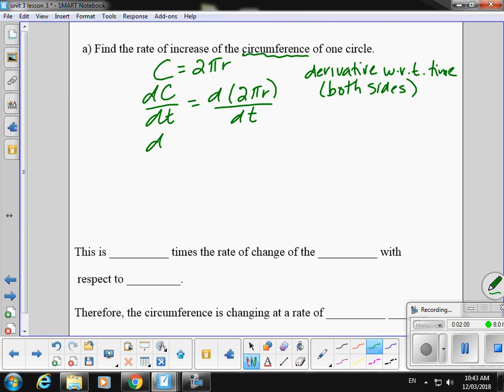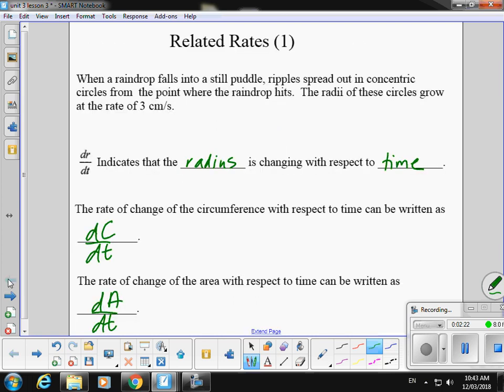Okay, so let's do that. dC/dt equals the derivative of 2 pi r with respect to time. Well, the derivative of 2 pi r is 2 pi, but don't forget the guts because the letters don't match, dr/dt. So that is an expression that we have, and we were told in the question that the radius grows at a rate of 3 centimeters per second.